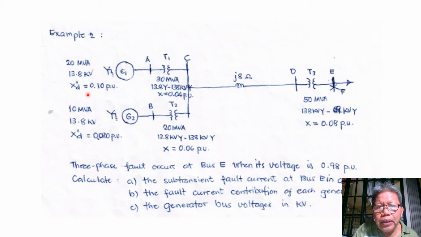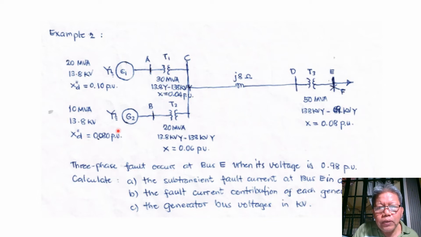We learned before that for generators, our positive sequence reactance X1 can take either XD double prime, or XD prime, which is the transient reactance of our generator, or we can use XD, which is the synchronous reactance of our generator. This time we are interested in the fault current at the instant when the short circuit happens.